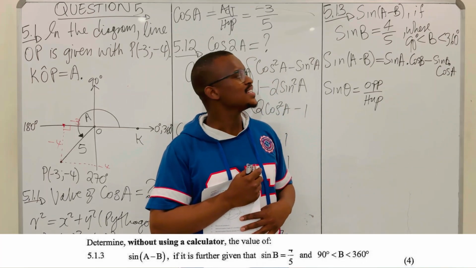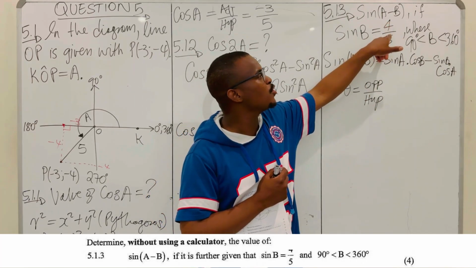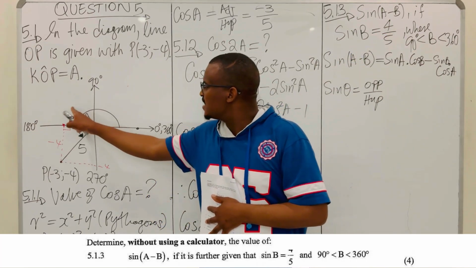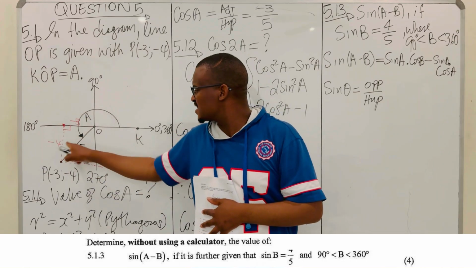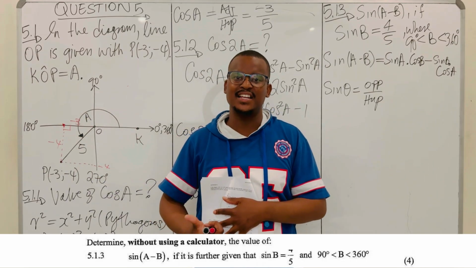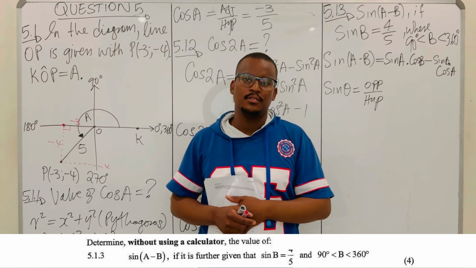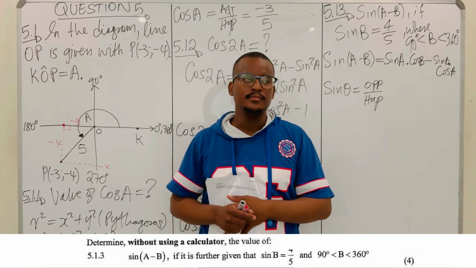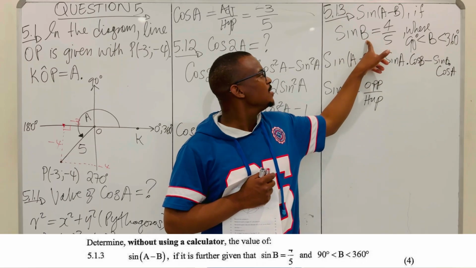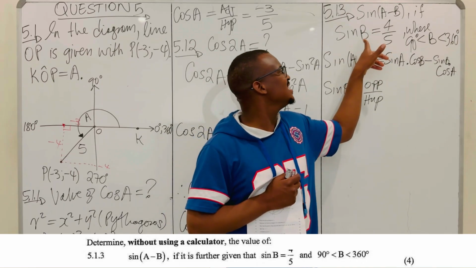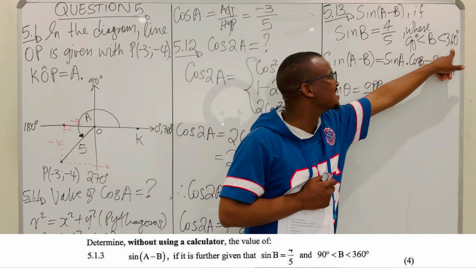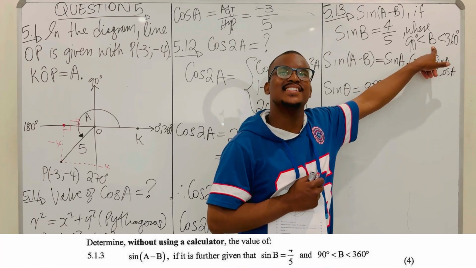But now what you need to understand is that because the sine B is positive, between these three quadrants that it is possibly sitting at, sine on that quadrant needs to be positive, right? So sine B, this angle B between 90 and 360, is in a quadrant where sine is positive.